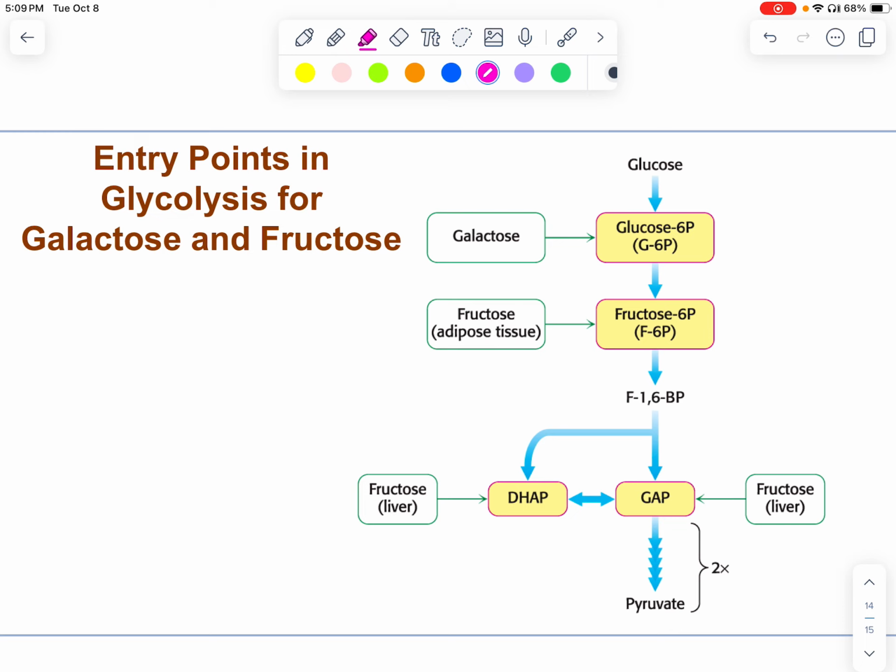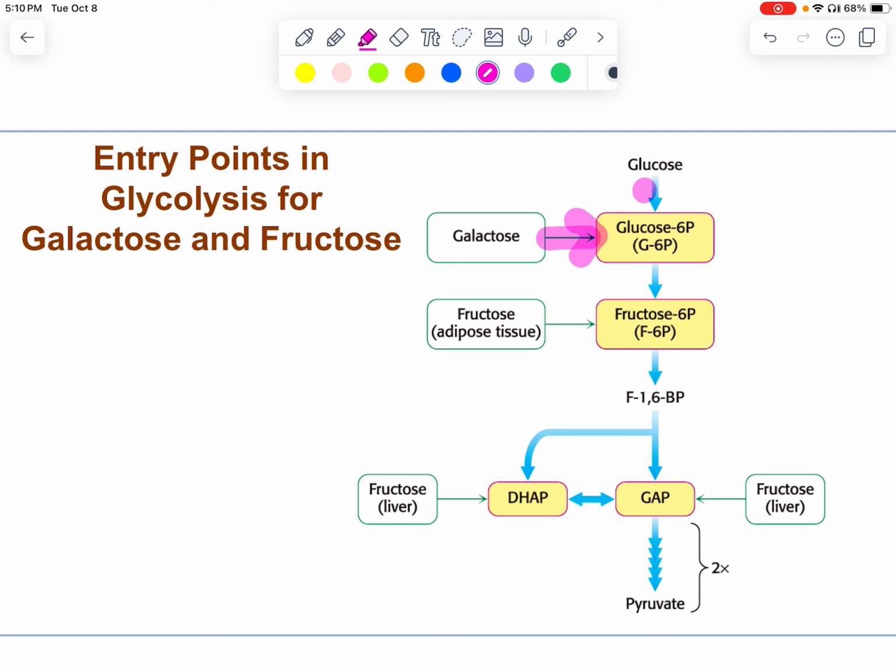So for example, galactose has a multi-step enzymatic process that ends up dropping it into the cycle right here, with that phosphorylated glucose molecule after that first step. So galactose skips this first step right here and drops in right there.